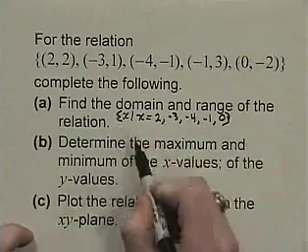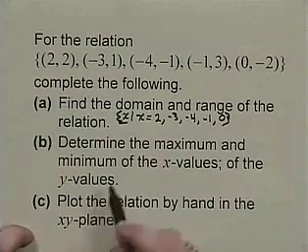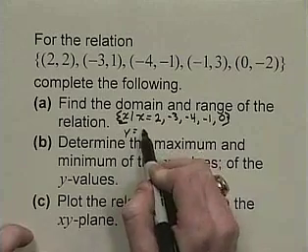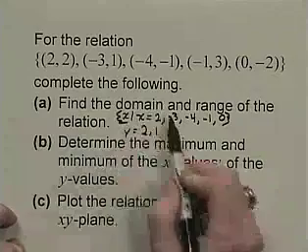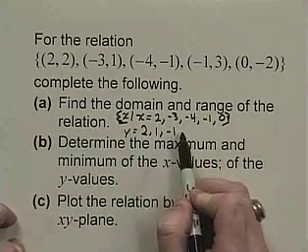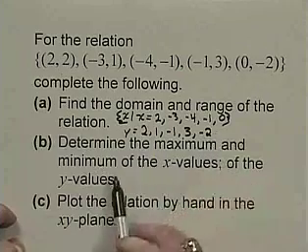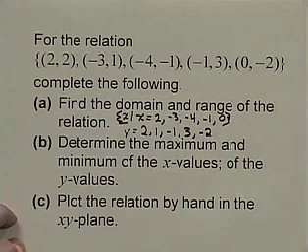And we put them in brackets like that. And then the range is all possible y values. And that's going to be where y is equal to 2, 1, -1, 3, or -2. So that's the domain and the range.